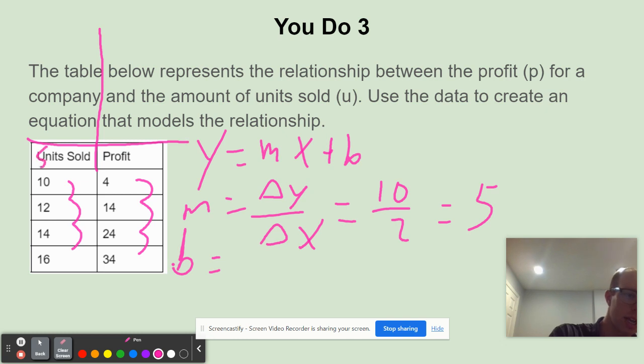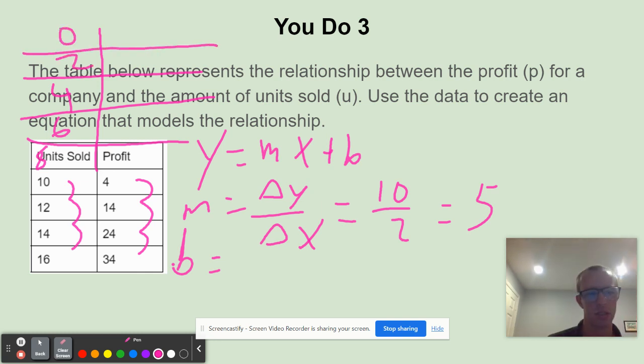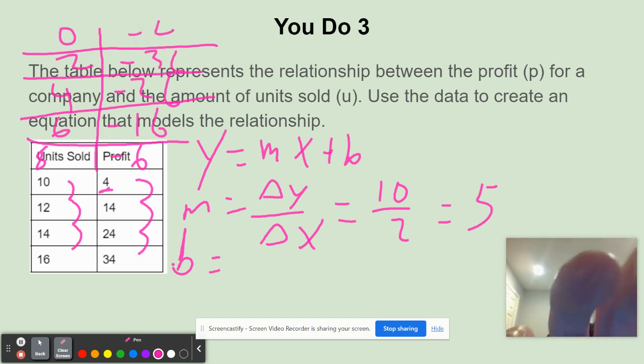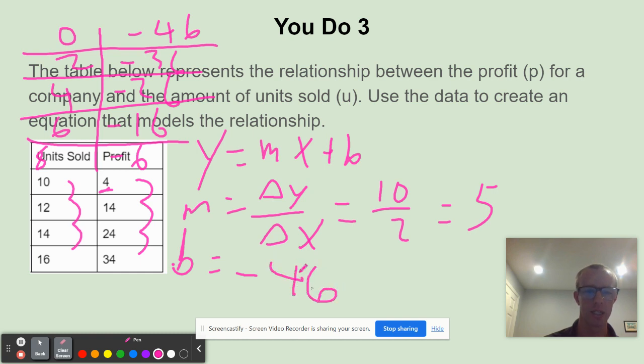So this is going to be 8, 6, 4, 2, 0. And now I have to count these backwards by 10. I'm at 4 and I go backwards 10. I'm at negative 6, negative 16, negative 26, negative 36, and negative 46. And so b is negative 46.